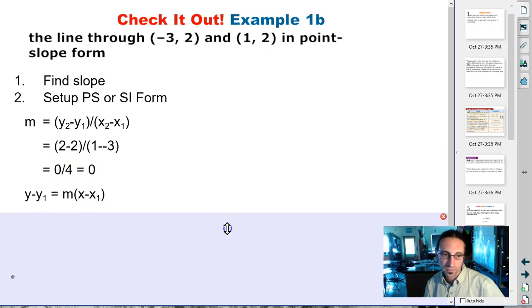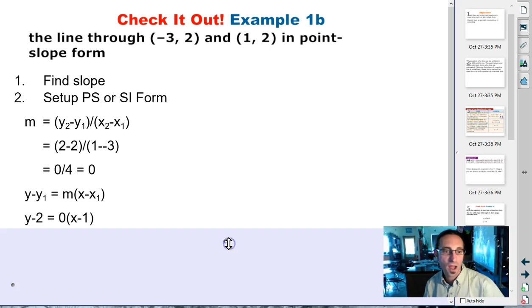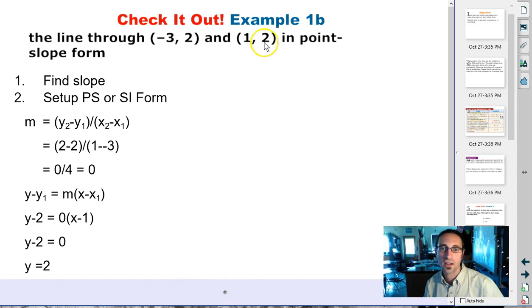All right, now go back to your point slope form, set it up, and plug in what you know. I chose to take this point here, 1 for x1, 2 for y1, and you end up with 0 times anything, of course, is 0. y minus 2 equals 0, which means y is simply 2. And you can see that right there.